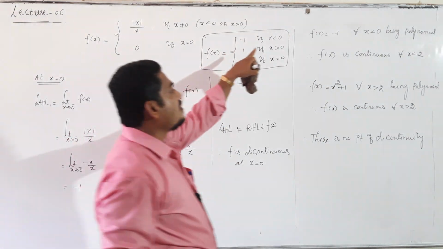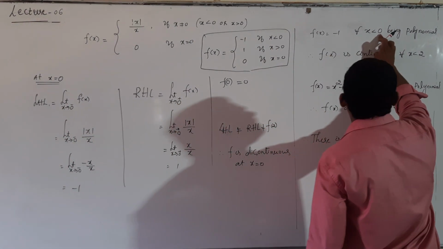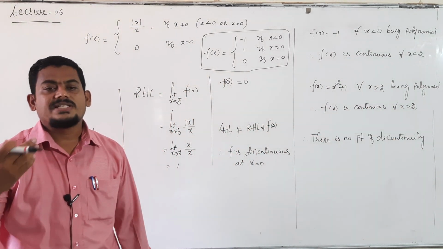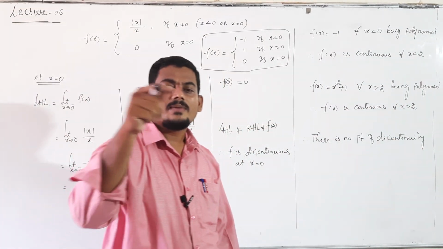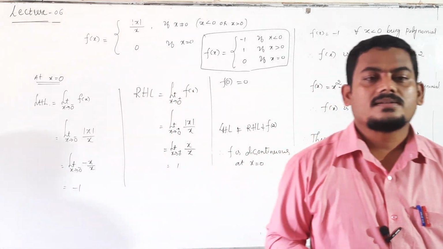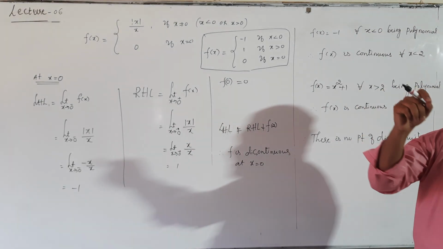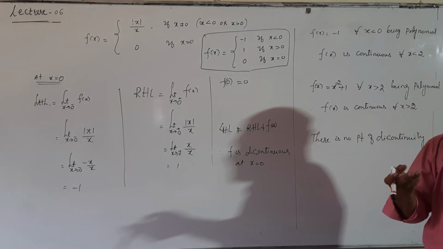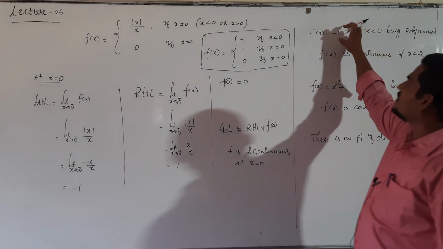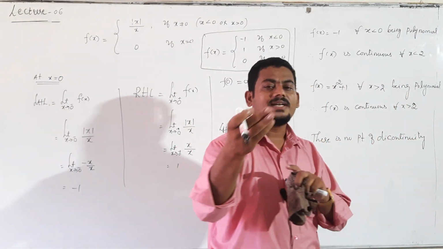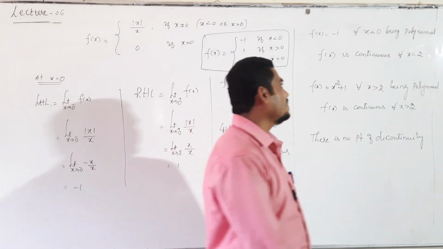F of x equal to minus 1 when x value is less than 0. Which type of function is it? Clearly minus 1 is a number, which means it is a constant function. Already you know that every constant function is continuous everywhere.